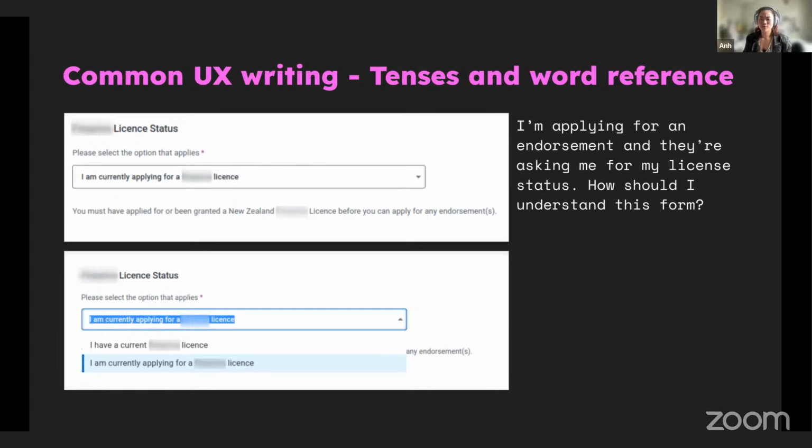I also don't really know what an endorsement means in this context. And this is a very important form from a government agency. Julia Cotton has asked, where is the option I don't have a license?